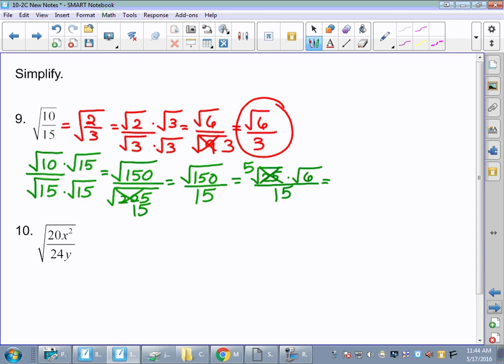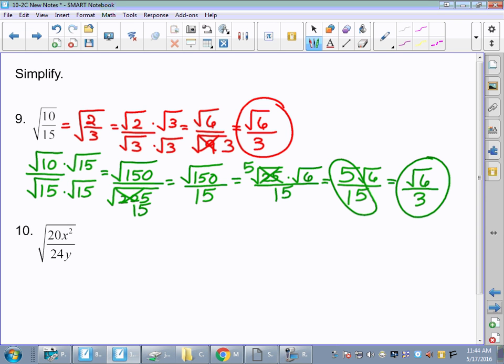So I end up with 5 root 6 over 15. And then do you see this 5/15 here? Because they're both outside, you can simplify them. That's a whole number 5. That's a whole number 15. If I divide both of them by 5, I end up with the square root of 6 over 3. So that's another way of doing that, but you see how many more steps I had to do because I didn't simplify the fraction first.